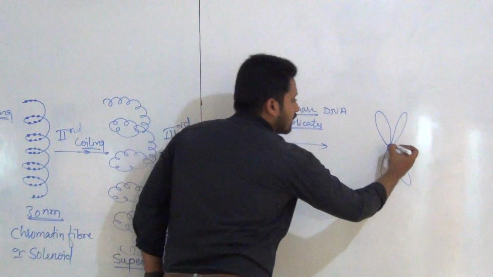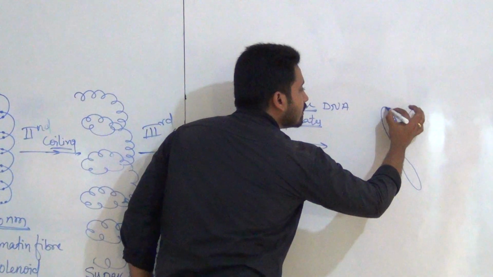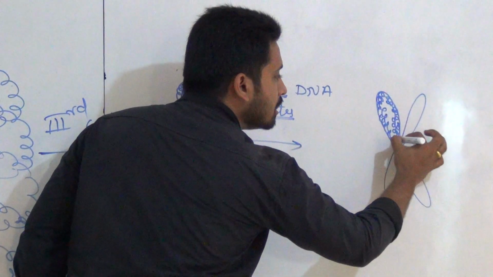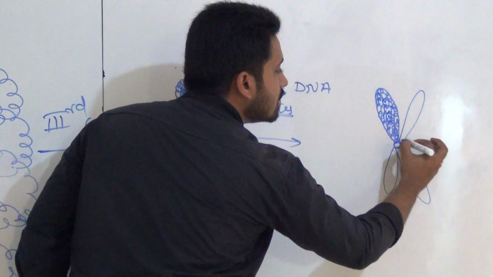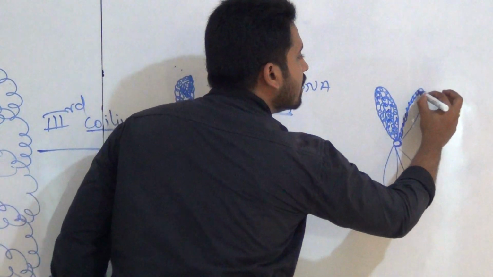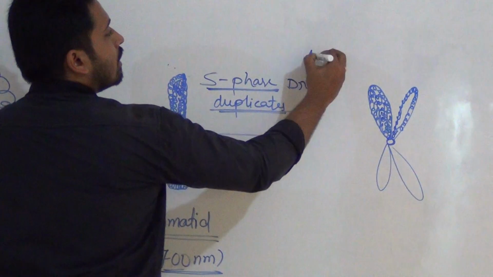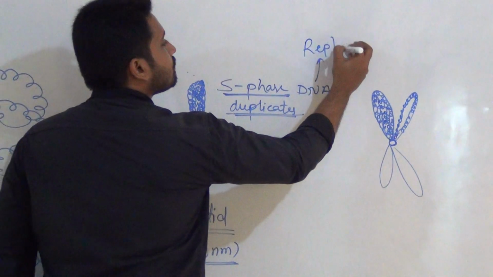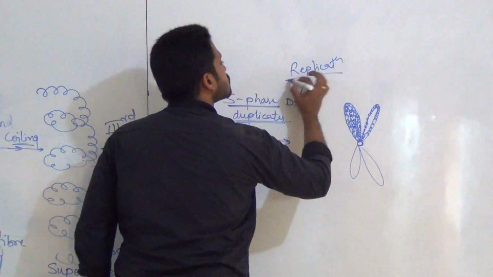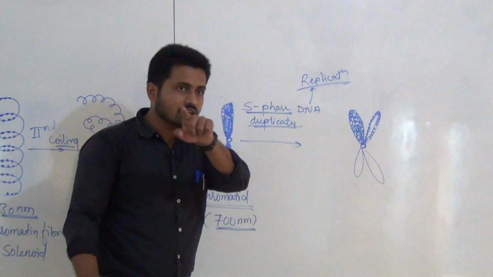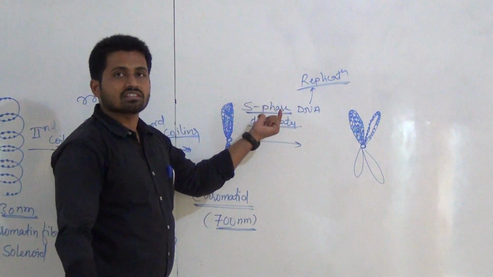You can draw it like this again. These are nothing but densely packed DNA strands, densely packed chromatin fiber. How did it become double? Which process? You know already, replication. In this chapter we are going to study replication in the next classes. During which phase? That you studied in the first year, cell cycle, cell division chapter.